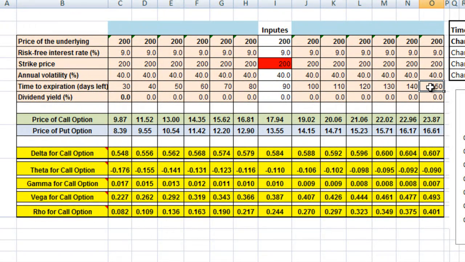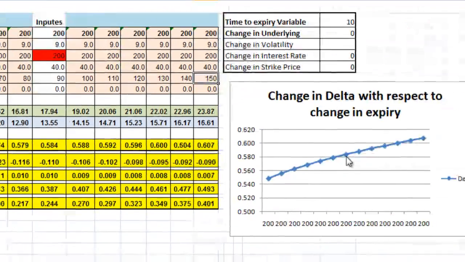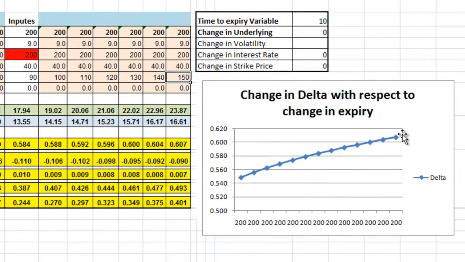As the time to expiry is increased, the contract is, instead of a month, for around 3 months or 5 months. The contract expiry is delayed, and the delta is in increasing order. So we can say the longer the contract expiry, the higher the delta for that contract, and the shorter the contract expiry, the lower the delta.